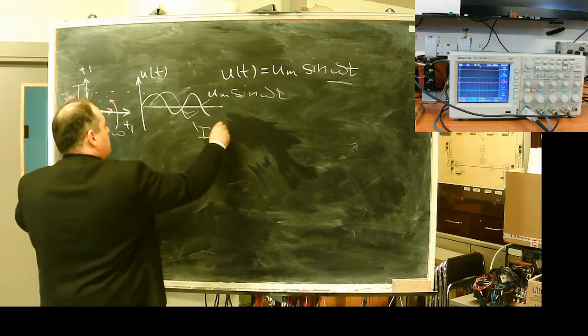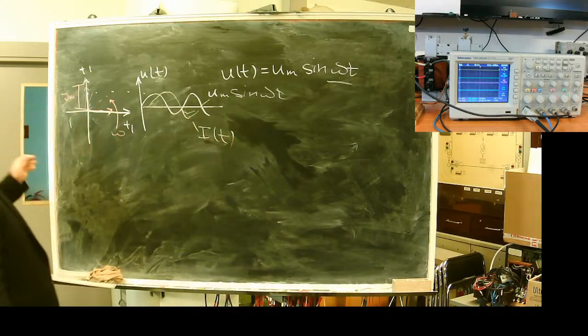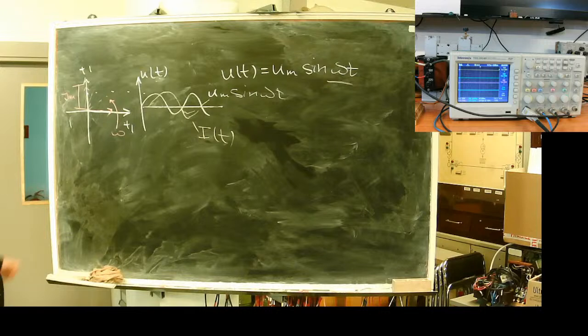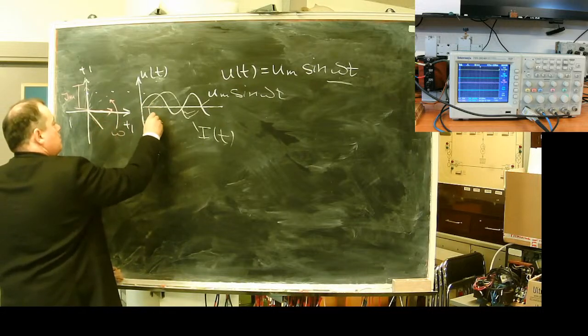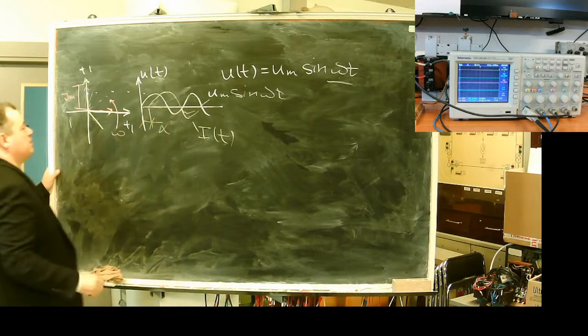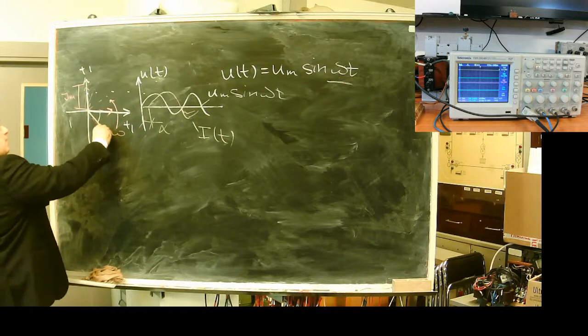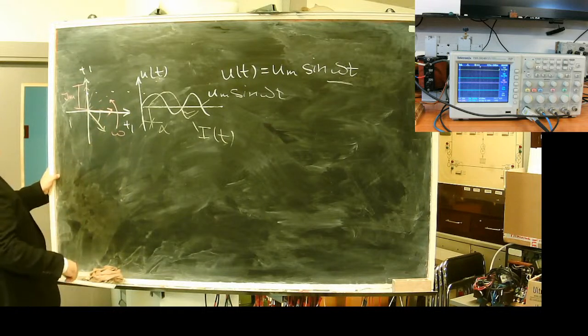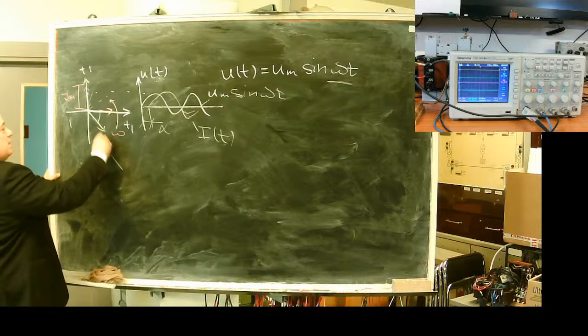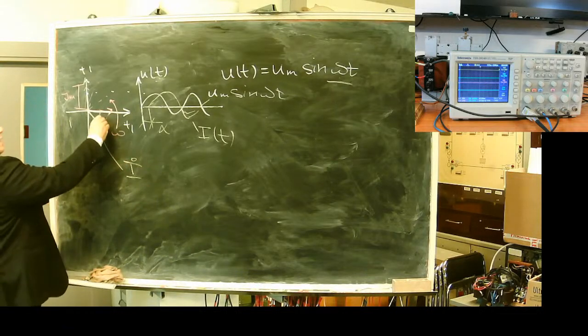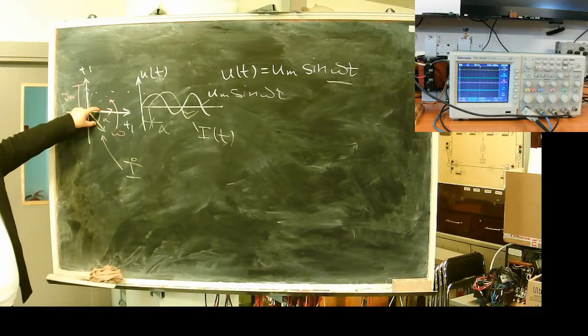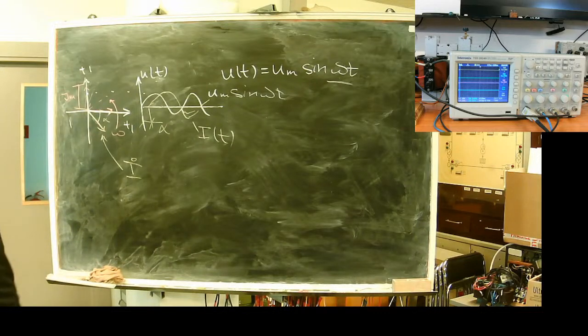If this is some current, we can assume it's, I don't know, let it be i, also being a projection of some vector, and here is the alpha angle.